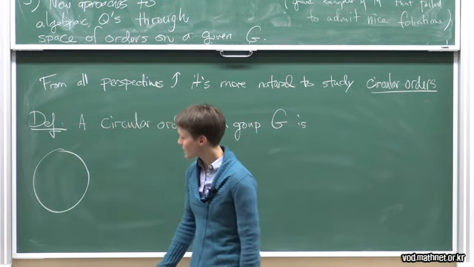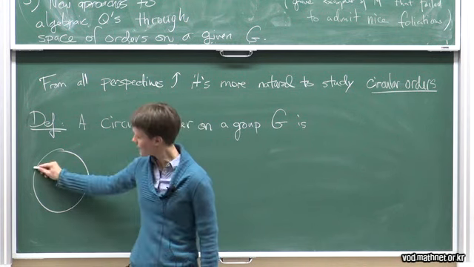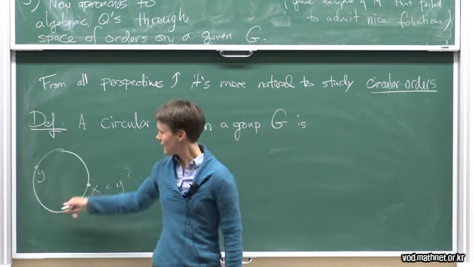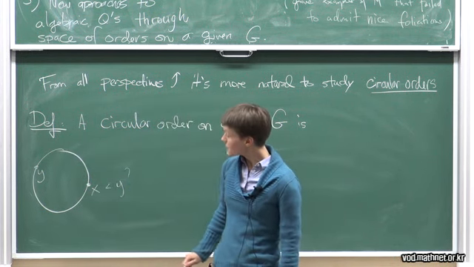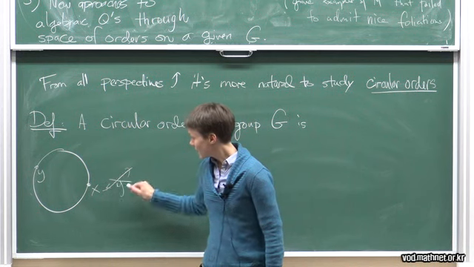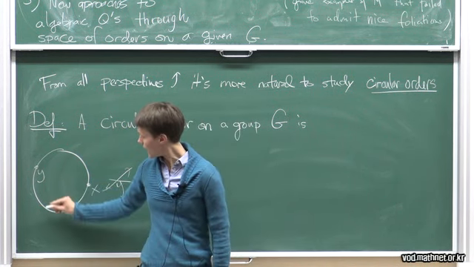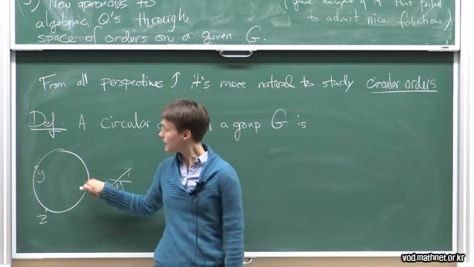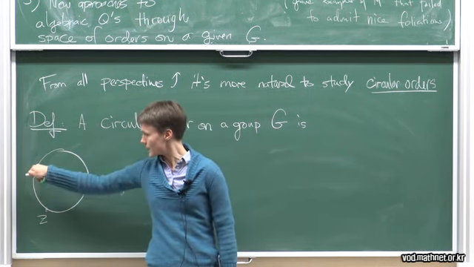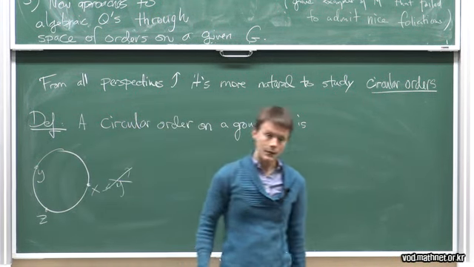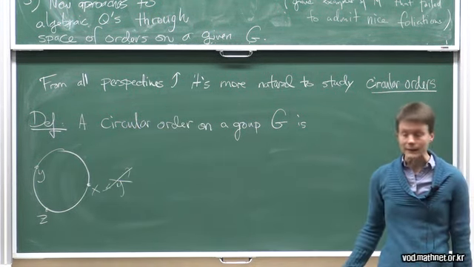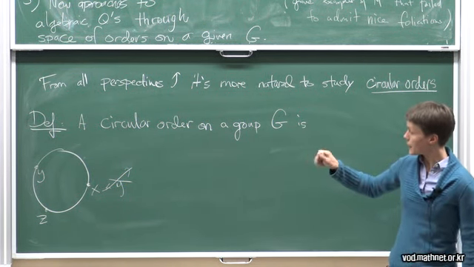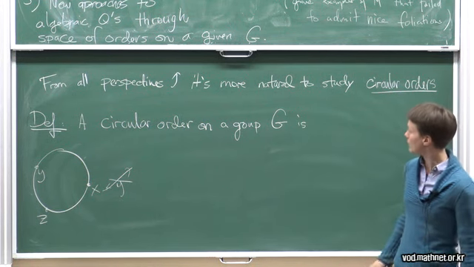If my model space is the circle, it really doesn't make sense on the circle to say some point x is less than y, because what's less than? But it does make sense to say that an ordered triple of points x, y, z is either positively oriented, x, y, z, or negatively oriented if it was x, y, and z over here. So a circular order will try and capture this idea of orientation by giving a kind of sign to distinct ordered triples.